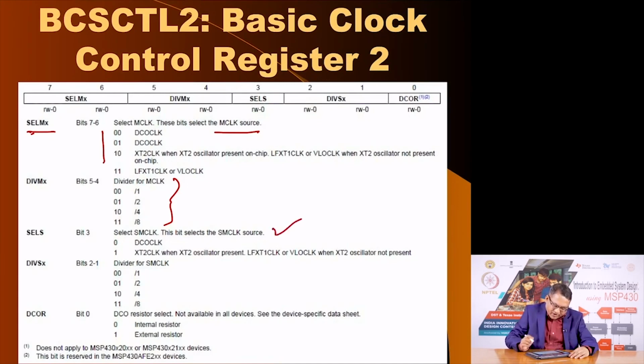This will decide how you select the sub master clock, and you only have this option here because the other is not available on our MSP430 G2553, and then these 2 bits will allow you to choose the divider for SM clock, and then this bit allows you to choose whether you want to have an external resistor. This is not available on our G2553 series.